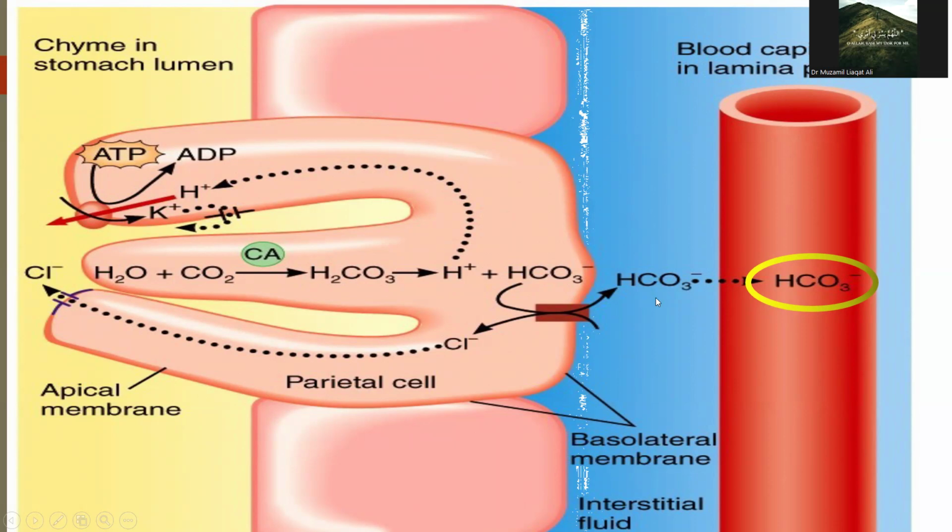Bicarbonate leaves the cell and chloride enters, right? And in the lumen, H and Cl ions combine to form HCl. And after every meal, bicarbonate enters the blood and the blood becomes slightly alkaline. This is alkaline tide.